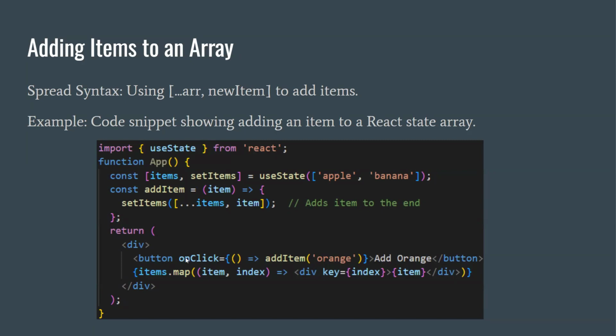After this button gets clicked, it's going to call this addItem, and then it will call the state updater function setItems and use this spread syntax to add orange at the end. This method is not only straightforward, but also maintains immutability, so React can efficiently track changes and update the UI.